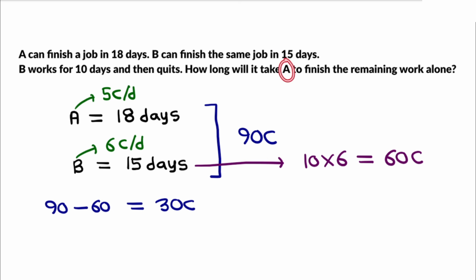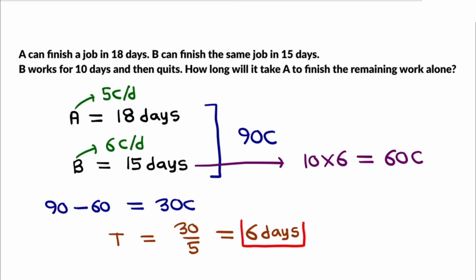Now person A takes over alone. Their rate is 5 chairs per day. So the time needed is 30 divided by 5, which equals 6 days. Therefore, person A needs 6 more days to finish the job.